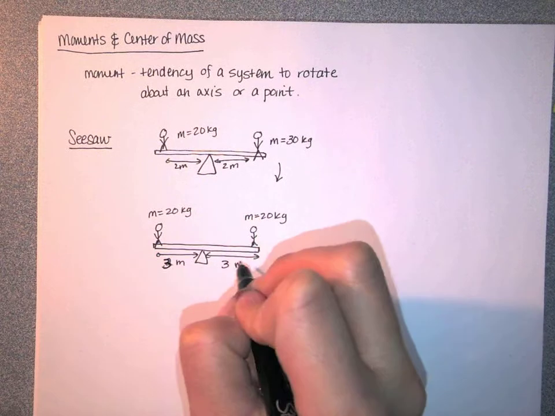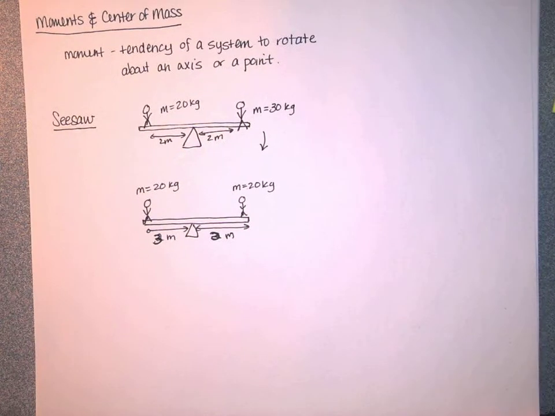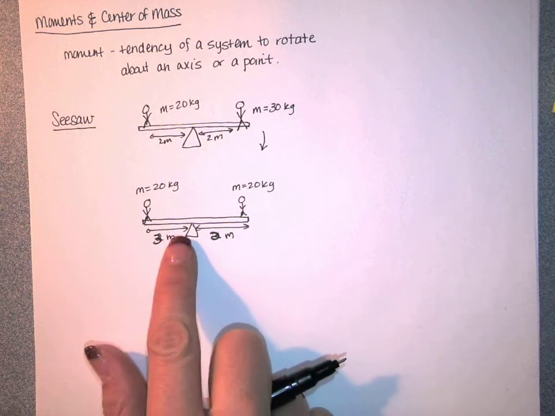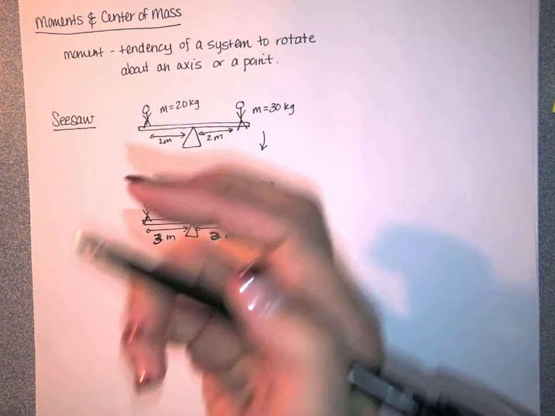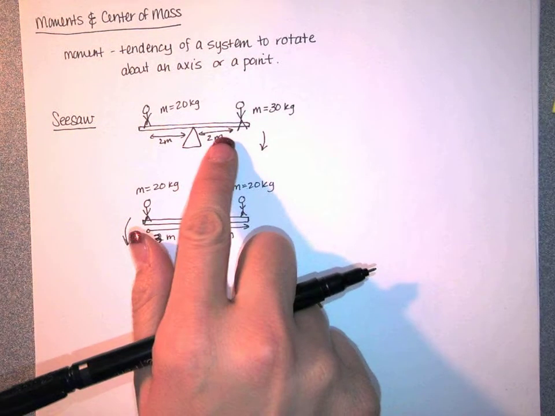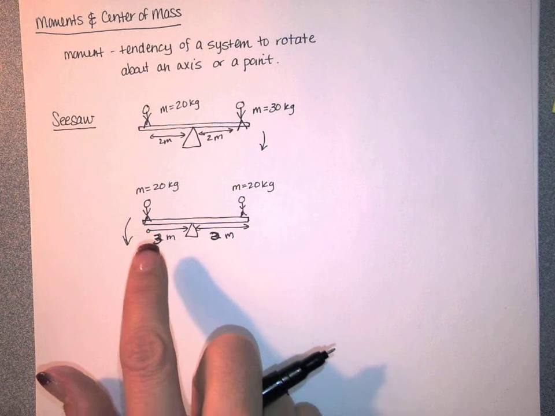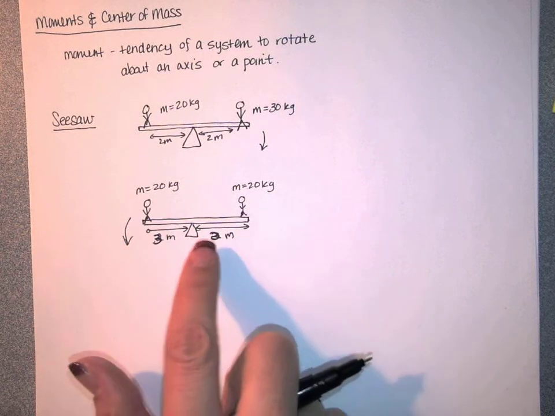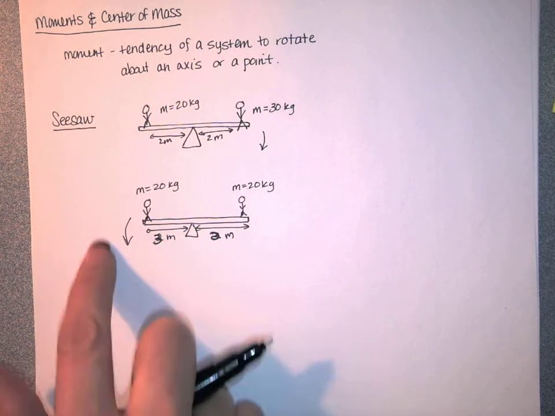Let's put the 3 on this side and the 2 on this side. Which way is it going to tend to rotate now? Well, if the masses are the same, but this guy is further away, the system is going to tend to rotate like this. So if they have the same distance, but this mass is larger, it's going to rotate in this direction. Or if they have the same mass, but different distances, it's going to rotate in the direction of the larger distance.